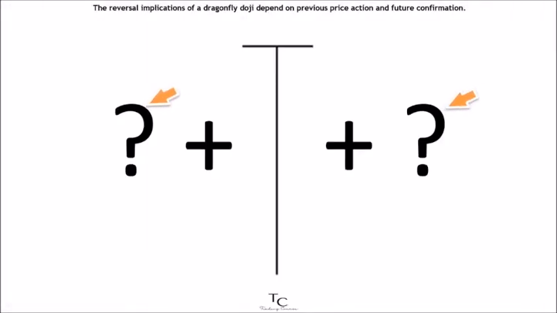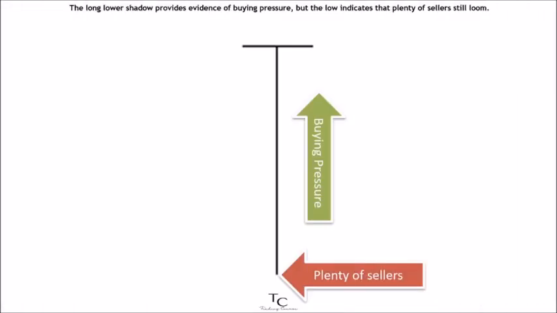The reversal implications of a dragonfly doji depend on previous price action and future confirmation. The long lower shadow provides evidence of buying pressure, but the low indicates that plenty of sellers still loom.